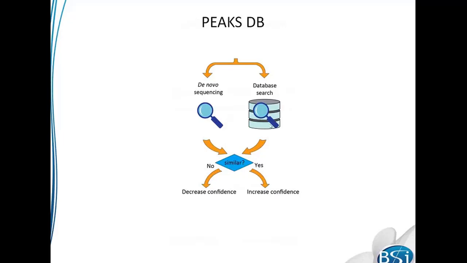The database search result score will actually be increased. But if the de novo sequencing and database search result are dissimilar, then the confidence in the database search result will be lowered. And the idea here is we're actually able to separate the true and the false hits much better and make the end database search result more accurate and sensitive by using this approach.